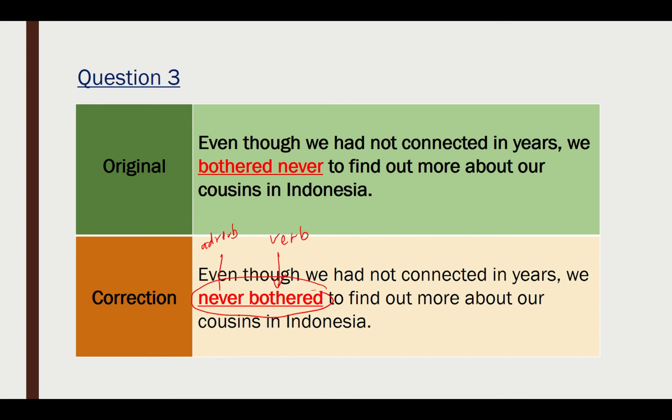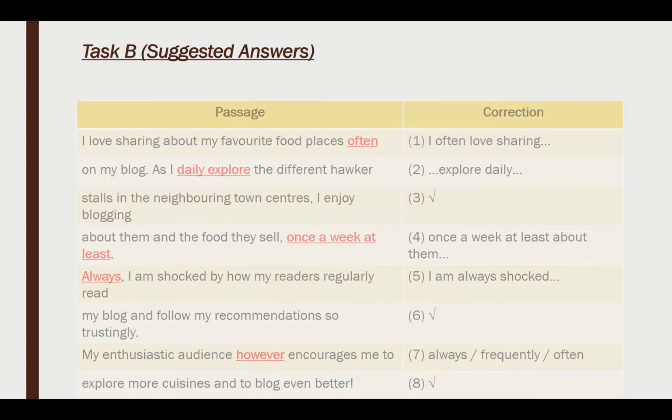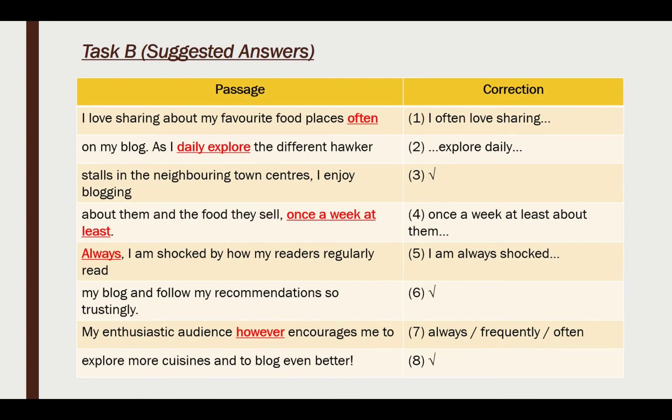Right, let's move on to Task B now. These are the suggested answers. The first sentence: "I love sharing about my favorite food places often." The placement of the adverb is wrong.